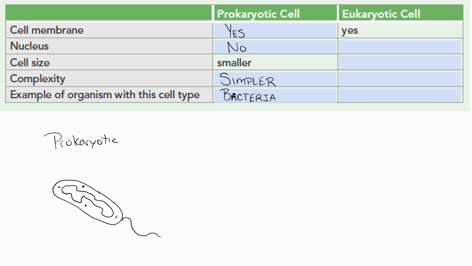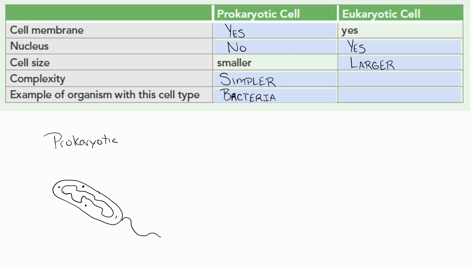Now, our eukaryotic cell, they for sure have a nucleus. That is where our DNA is stored and is the defining characteristic of this structure. Now, their cell size is much larger, right? It's almost 5 to 20 times bigger.